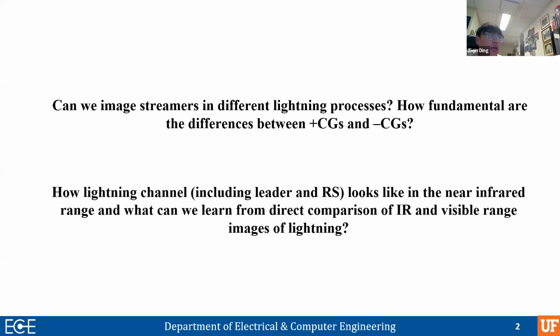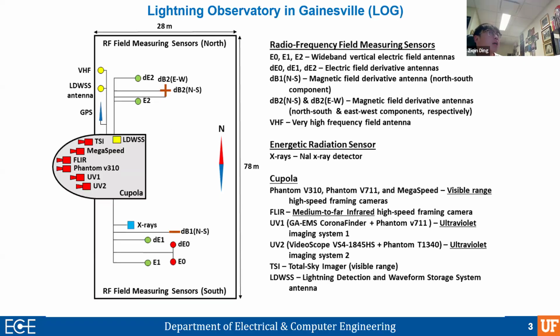Second, how does the lightning channel, including leader and return stroke, look in the near infrared range, and what can we learn from direct comparison of infrared and visible range images of lightning? Carrying these questions, I would like to briefly introduce our research facility.